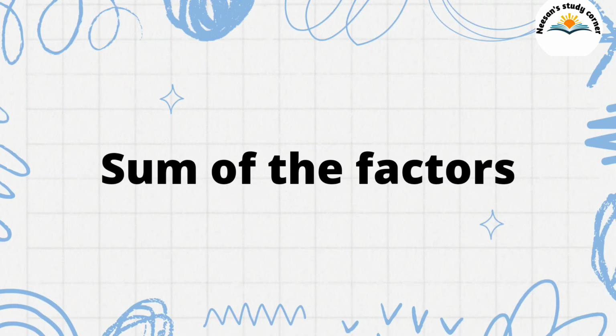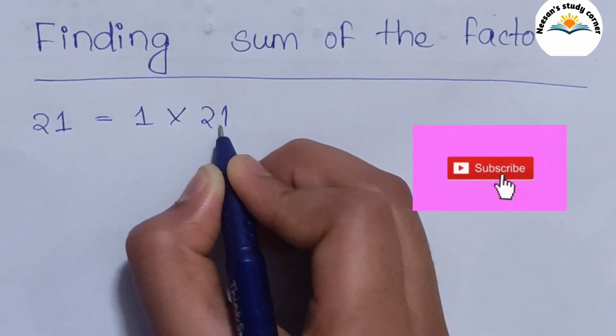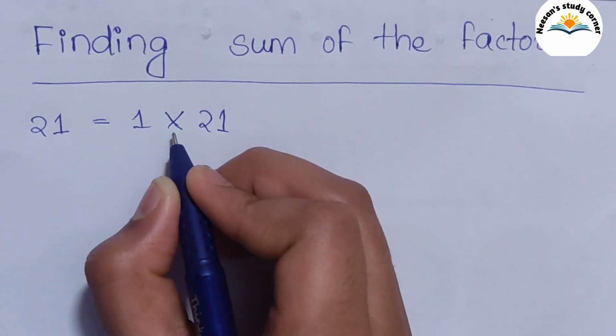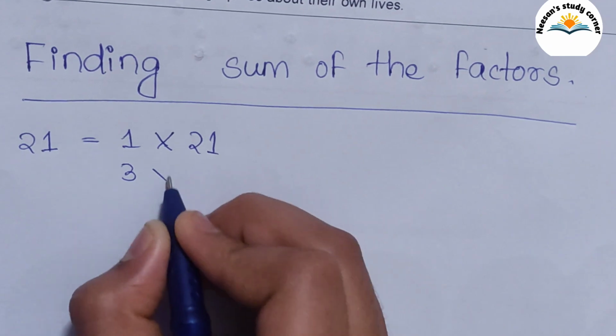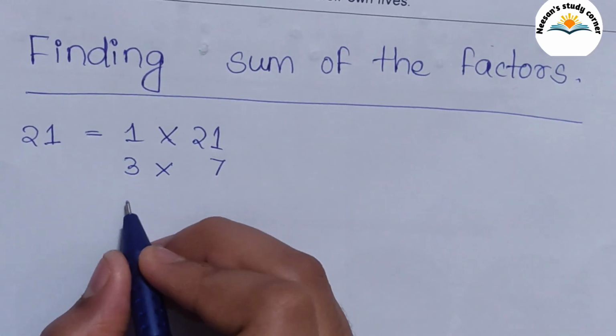If a question arises to find the sum of factors, we have to add all the factors of a number. Here is the sum of factors of 21. 21 equals 1 into 21, 3 into 7, 7 into 3 and 21 into 1.